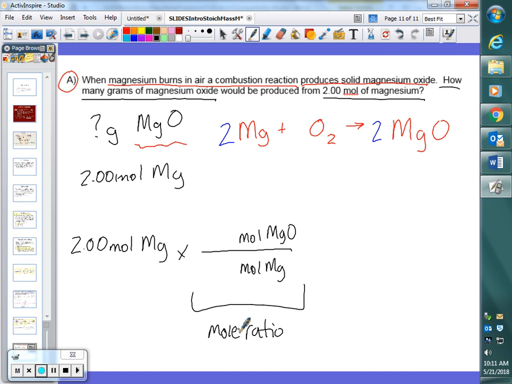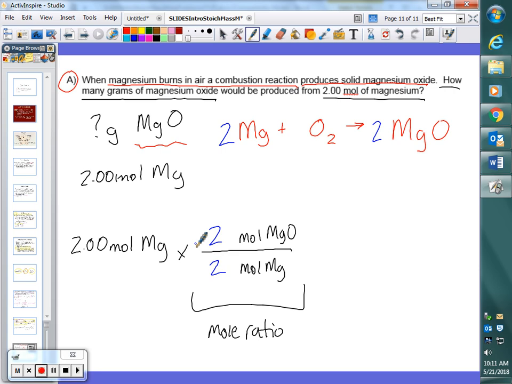And like we introduced on Tuesday, we get the numbers from a mole ratio based on the coefficients from a balanced equation. So we look at our coefficients in our balanced equation. There's a 2 in front of magnesium, so I put the 2 there. There's a 2 in front of magnesium oxide, so I put the 2 there. Yes, it's 2 over 2, and that's 1, but for our purposes of going through the process, let's be consistent with what we're doing.